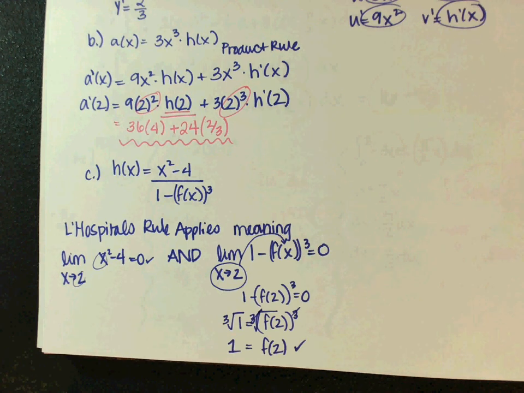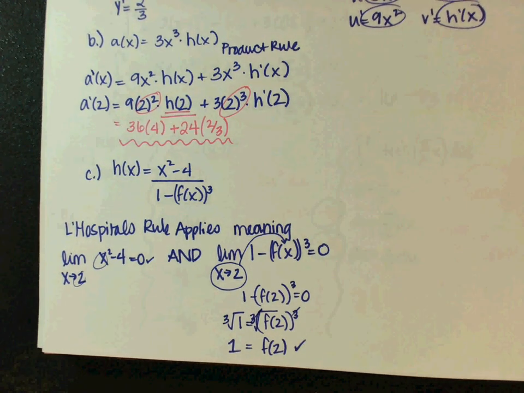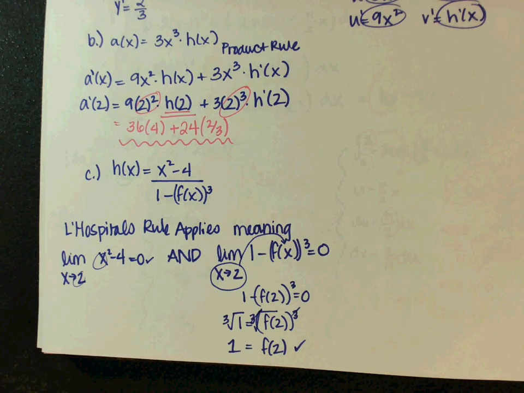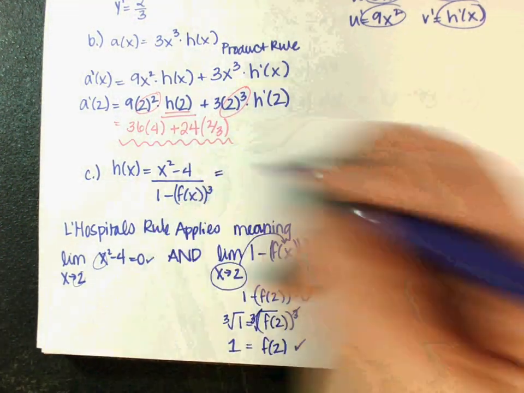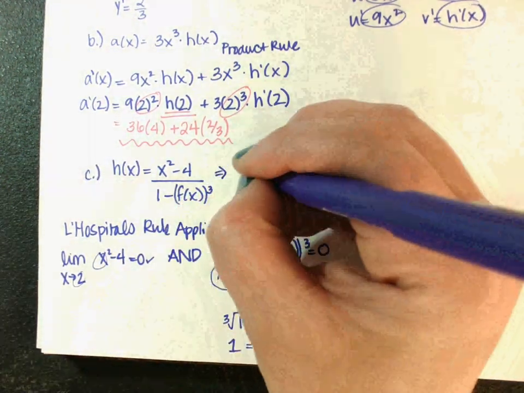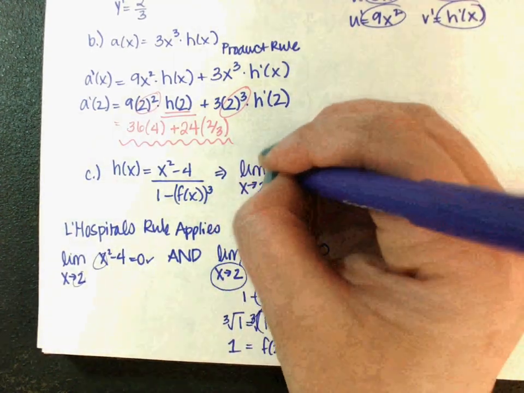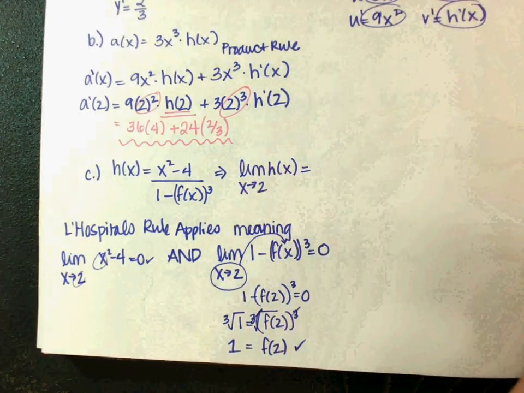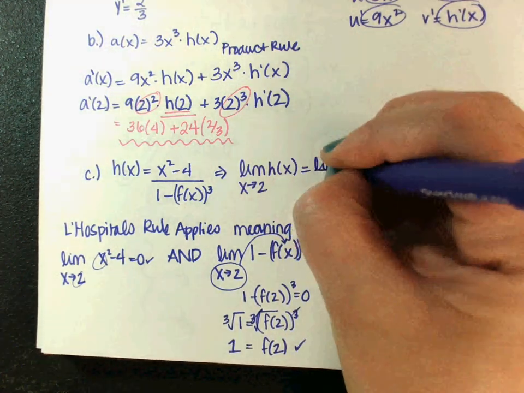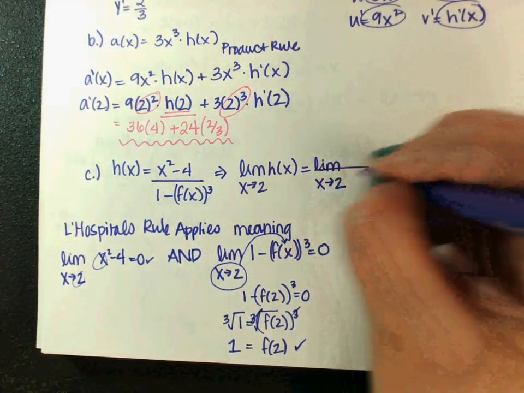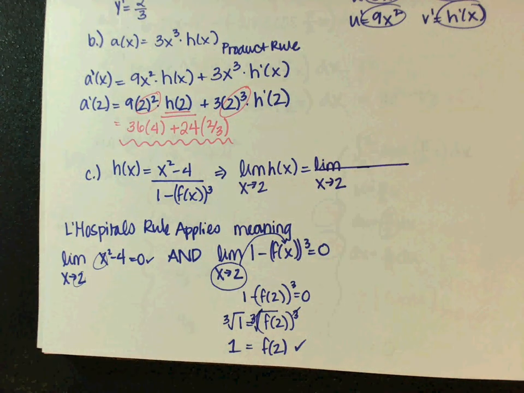Now the other thing that they asked us to find is f prime of 2. Remember, they told me that I can use L'Hopital's rule. So by L'Hopital's rule, the limit as x approaches 2 of h of x needs to be equal to the limit of the derivative of the top and the bottom.